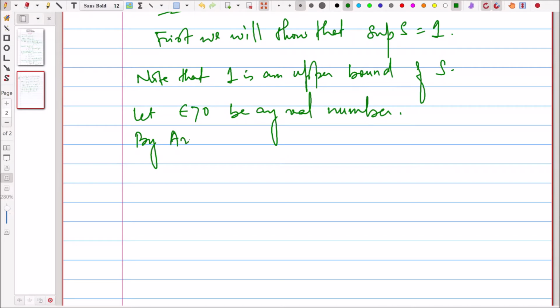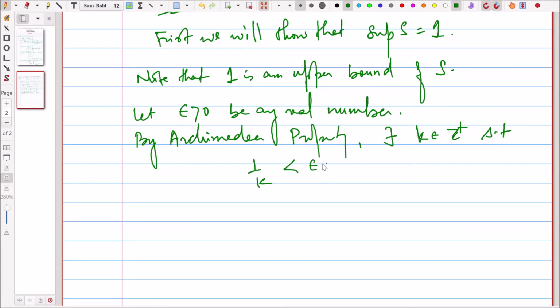So by Archimedean property, there exists k belonging to N such that 1 by k is less than epsilon. So this implies 1 minus 1 by k is greater than 1 minus epsilon.